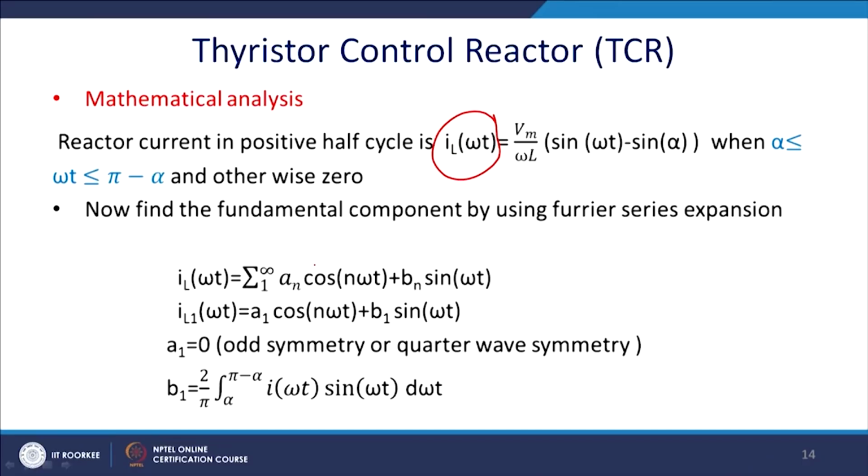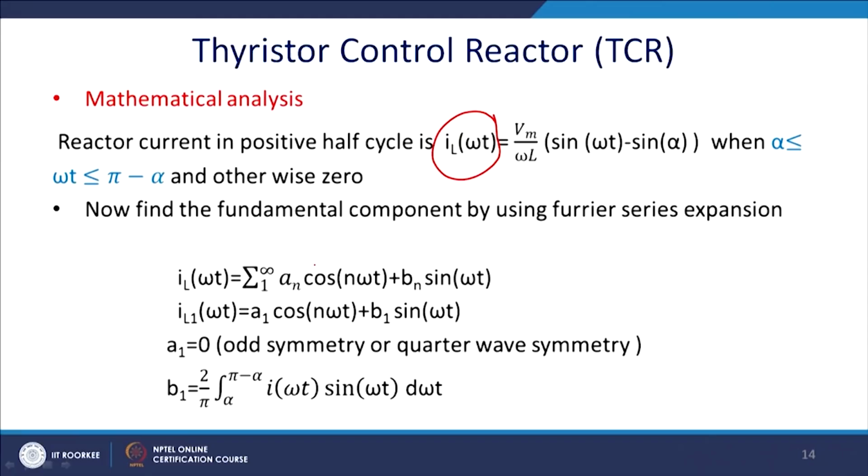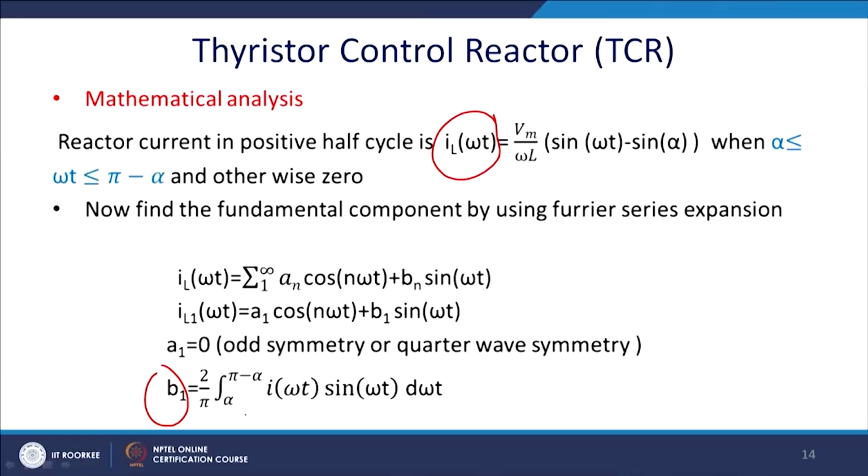So, let us do the Fourier series analysis. We write the Fourier series and assume that there is a symmetry, thus all the values of a1 to an will be 0 and we do not assume any DC component, and thus B1 will give the fundamental.